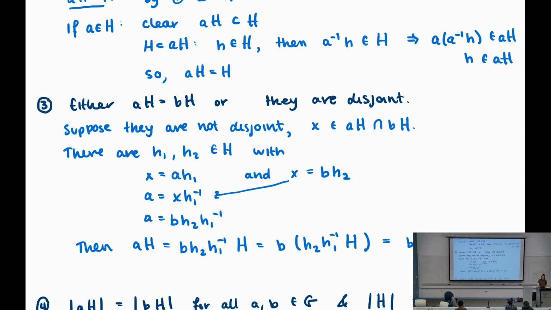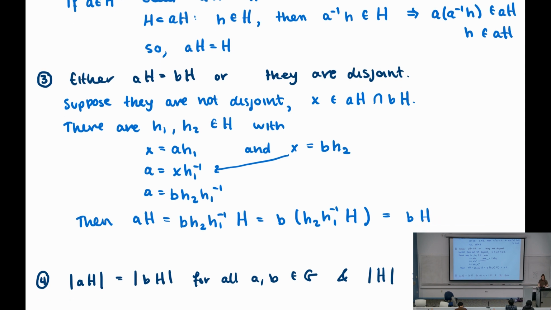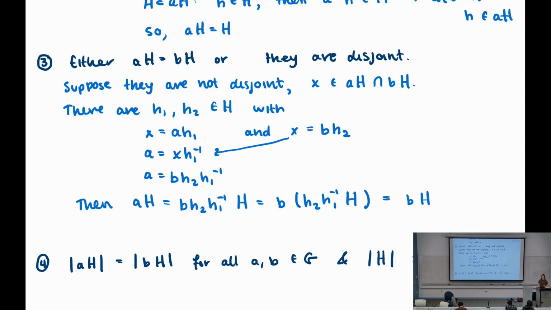Okay, so we showed that if these two cosets are not disjoint, then they are in fact equal. So either they're equal or they're disjoint. And that finishes that part of the proof. Are there questions?